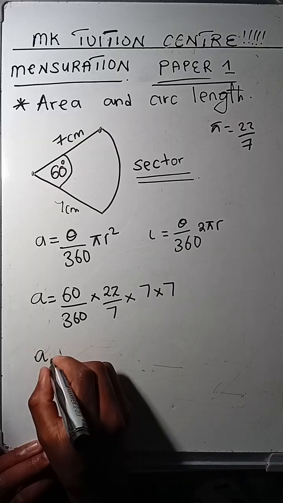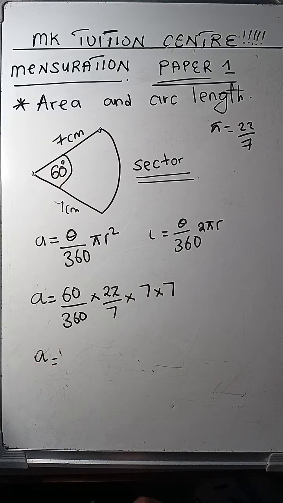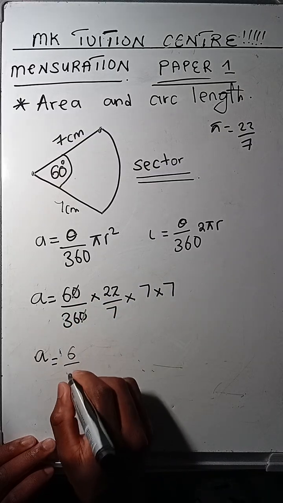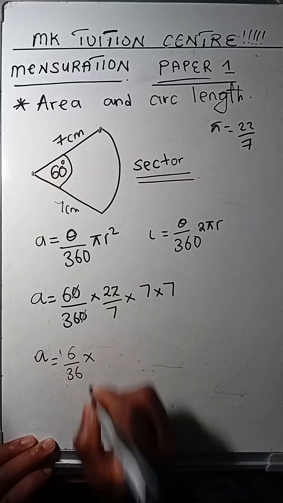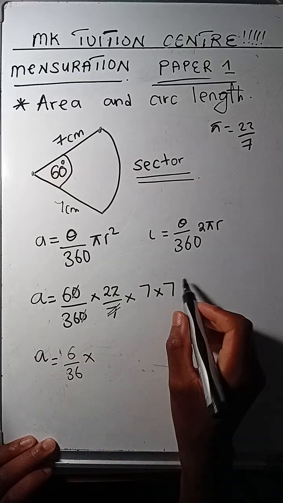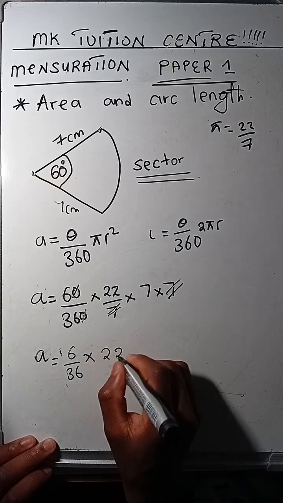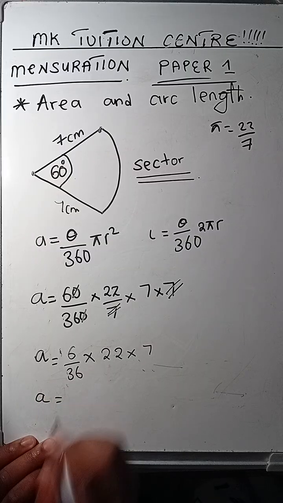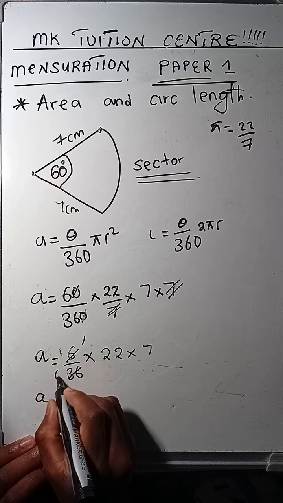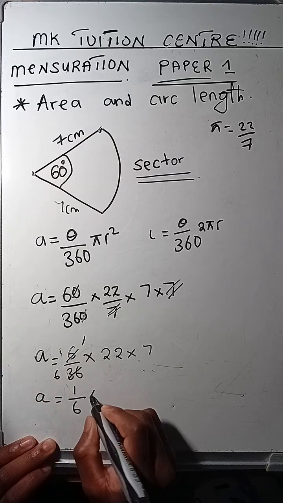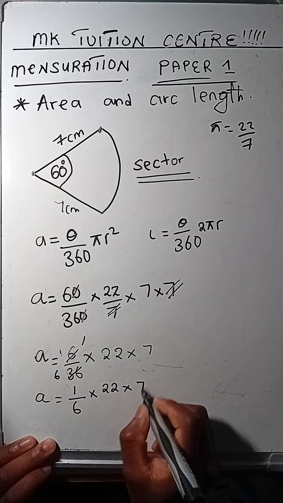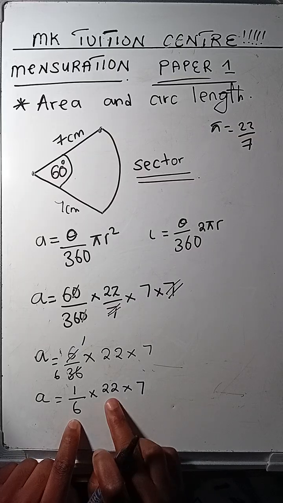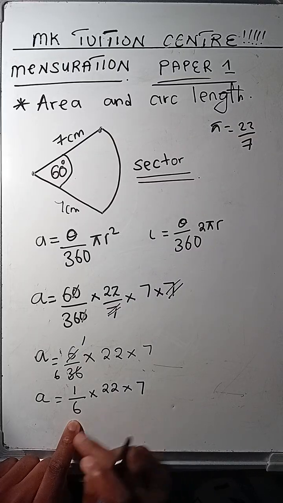Now, we're going to have area equals to, so first of all, we are going to cancel these zeros. So we're going to have 6 over 36 multiplied by this 7 can cancel 1 7. So we're going to have 22 multiplied by 7. From here, we can say 6 here is 1, 6 here it is 6. So we're going to have 1 over 6 multiplied by 22 times 7, and then we can say there is a number that is common between 6 and 22.